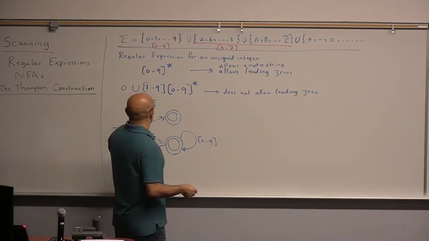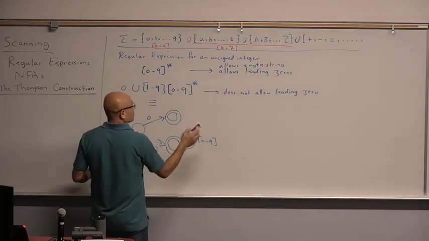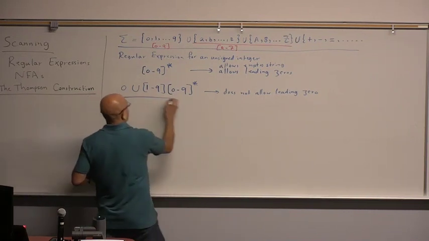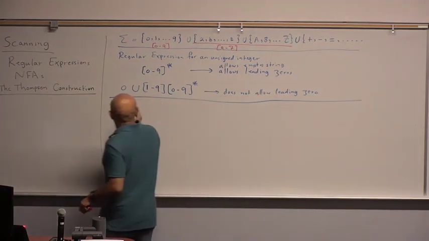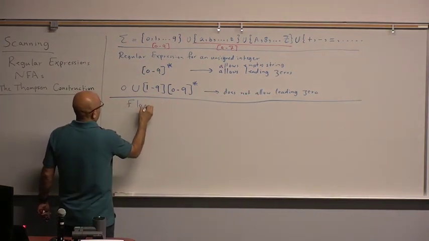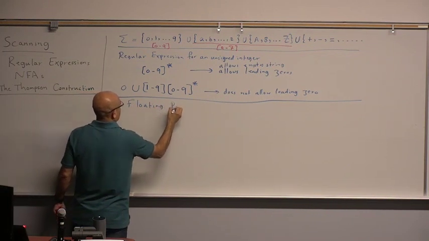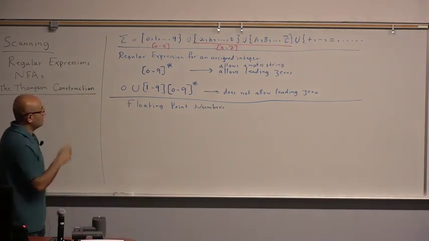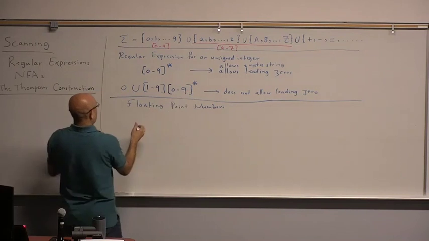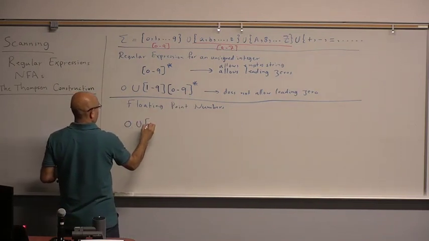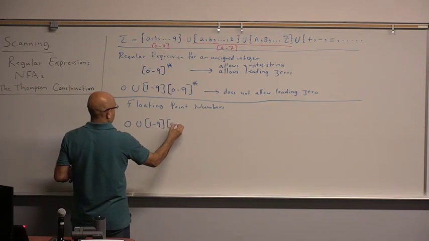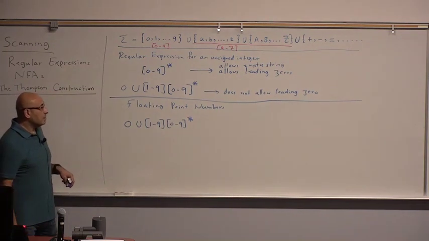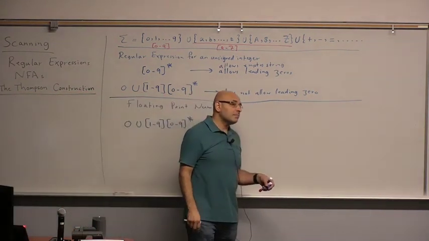Now, how about floating point numbers? So this gives us an integer. So this is 0 or 1-9 followed by 0-9 star. This gives us an integer because a floating point number can be an integer, but it can also have what?